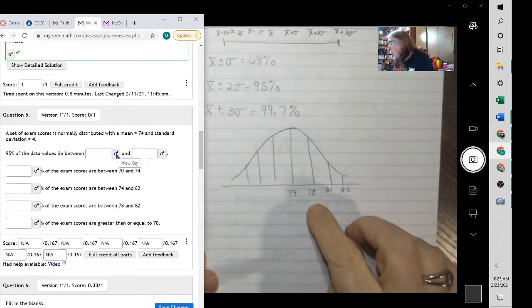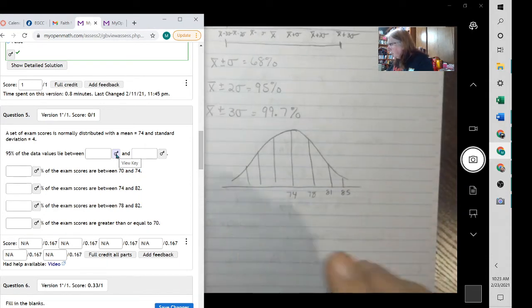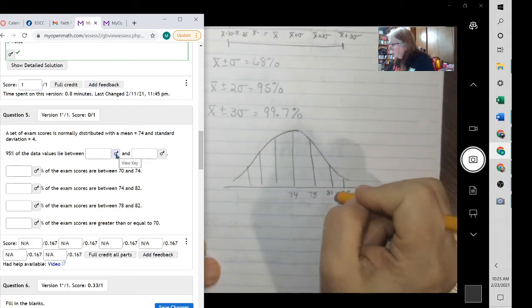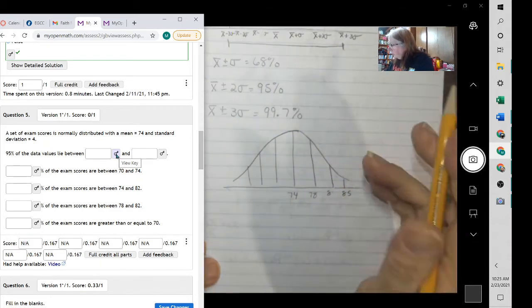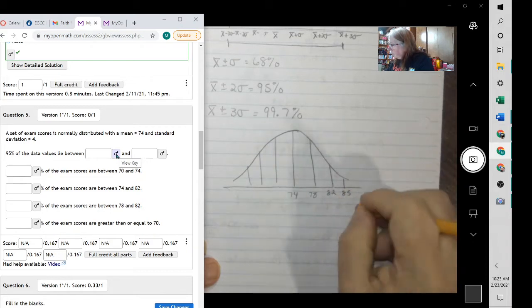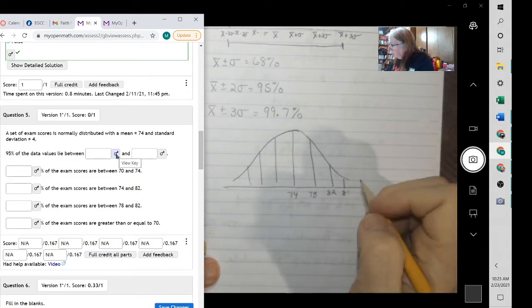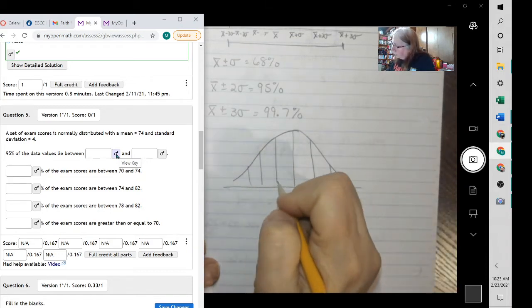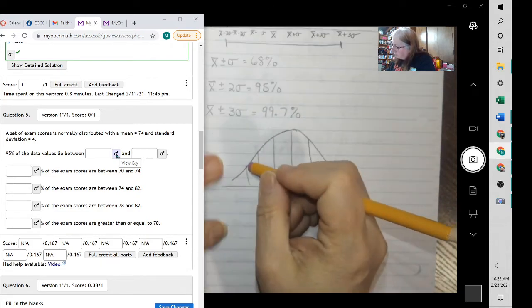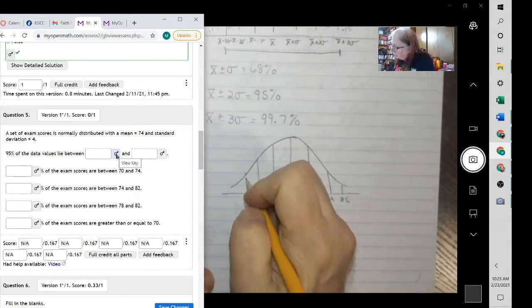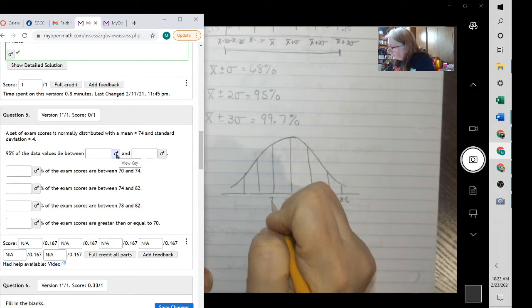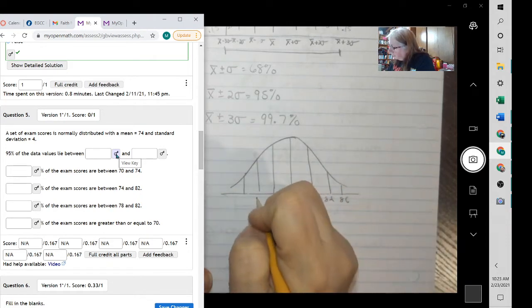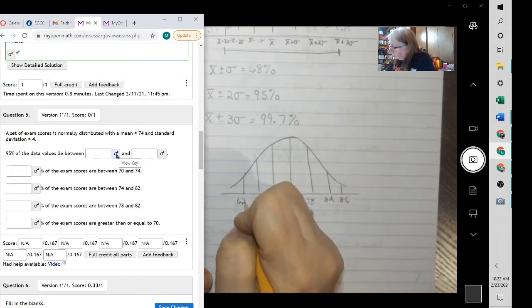So we just added 4 each time. The other way, we're subtracting it, so we have 70, 66 and 62.